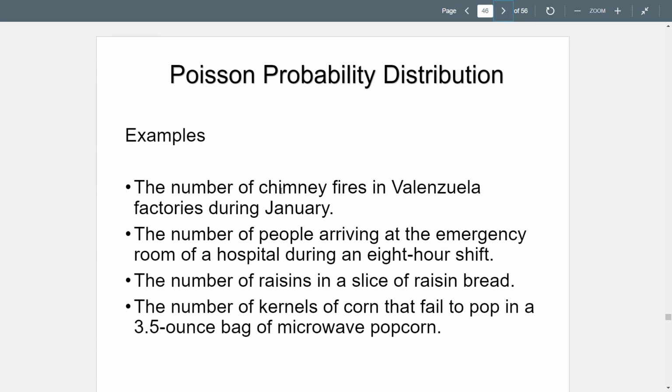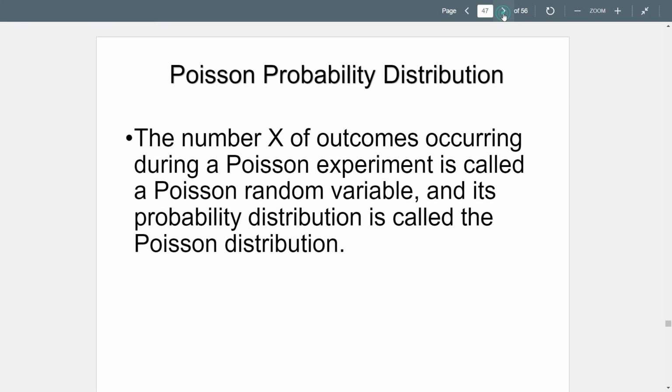Examples of these are the number of chimney fires in Valenzuela factories during January, the number of people arriving at the emergency room of a hospital during an 8-hour shift, the number of raisins in a slice of raisin bread, and the number of kernels of corn that fail to pop in a 3.5 ounce bag of microwave popcorn.